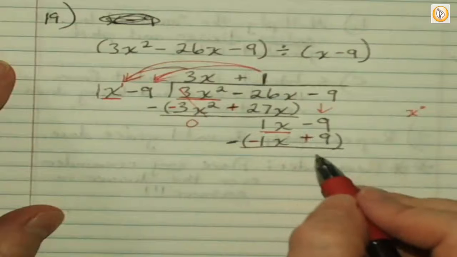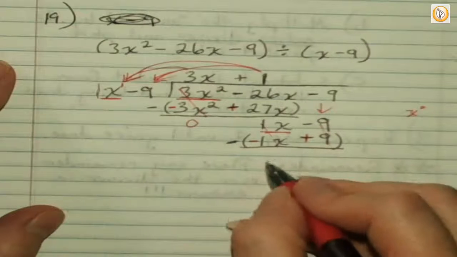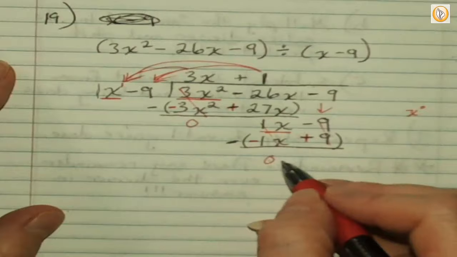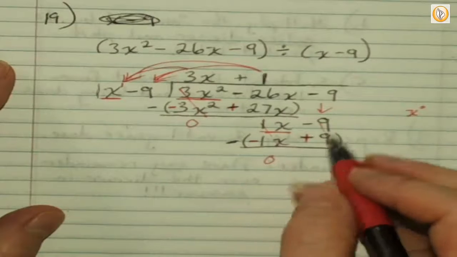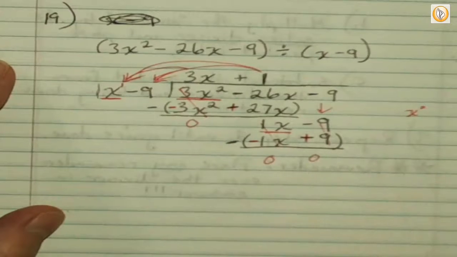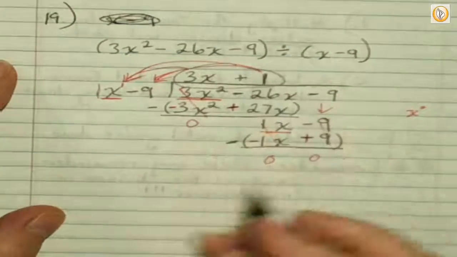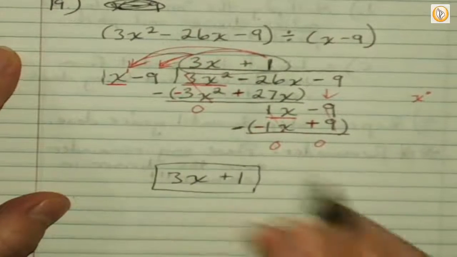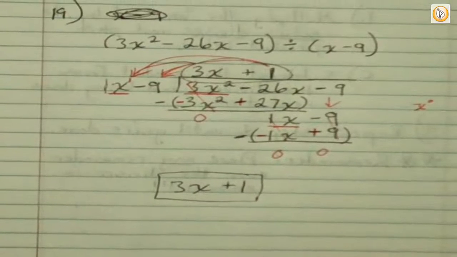They pretty much cancel out, right? 1x minus 1x is 0, not 0x. And then negative 9 and positive 9 is 0. So we're done. This is the answer, 3x plus 1. There you go.